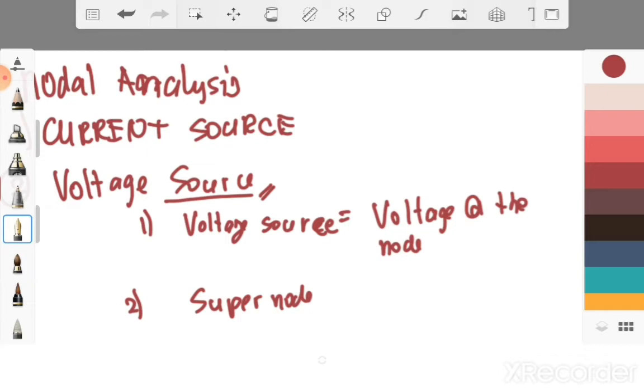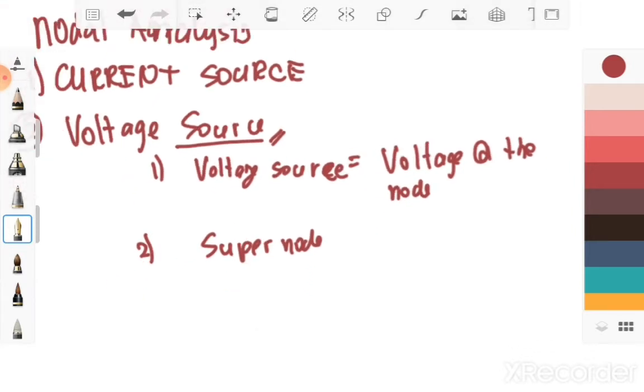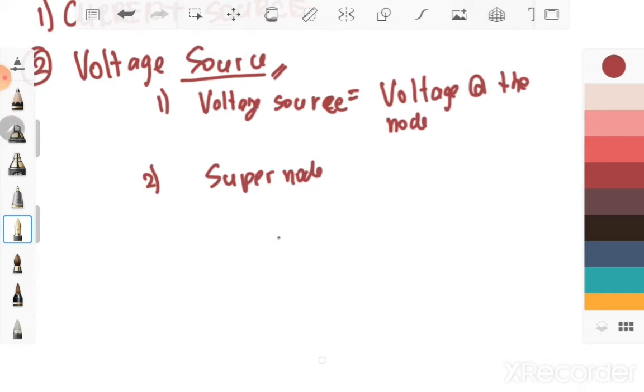So, lahat ng pumapasok at lumalabas na case na current sa node na yan would be solved in only one equation. So, let's say this is an example of your supernode.